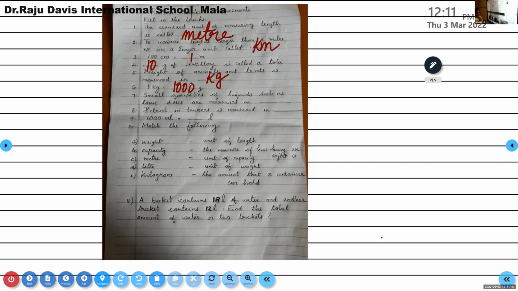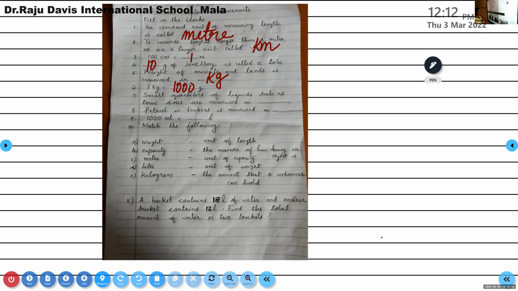When you go to consult a doctor, he will say it is 5 dash of syrup or 2.5 dash of syrup. So which unit will we use there?